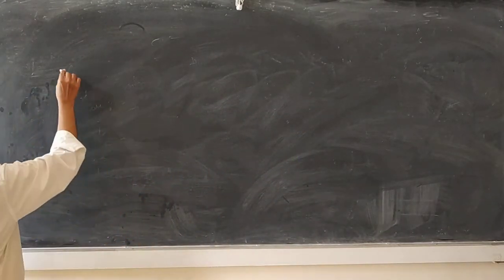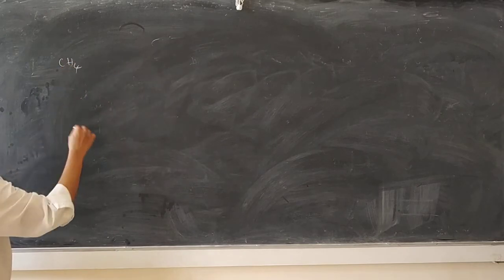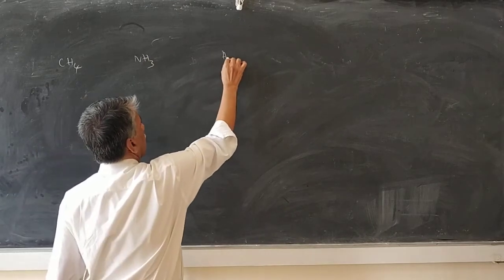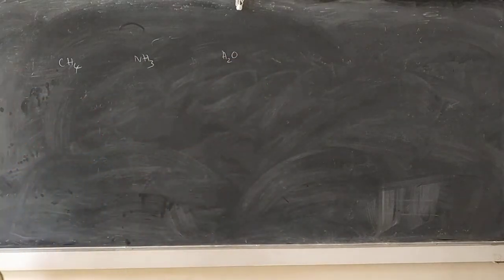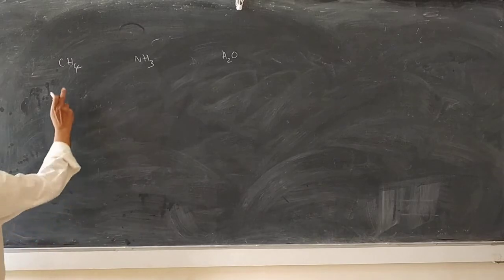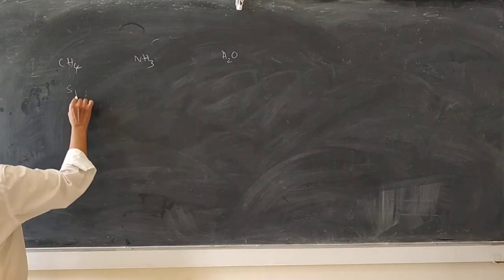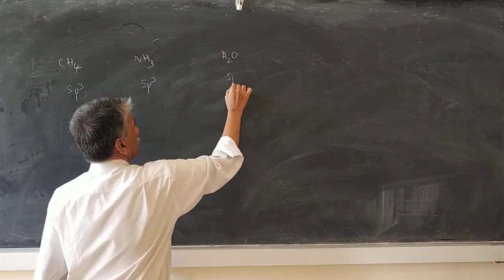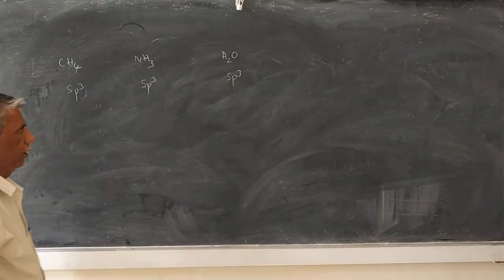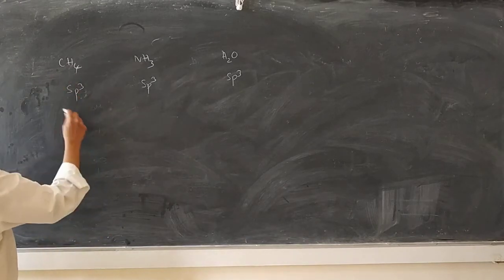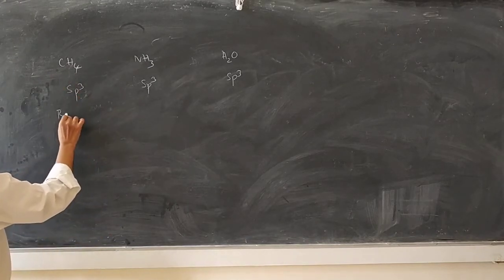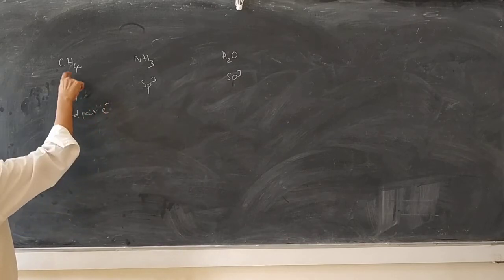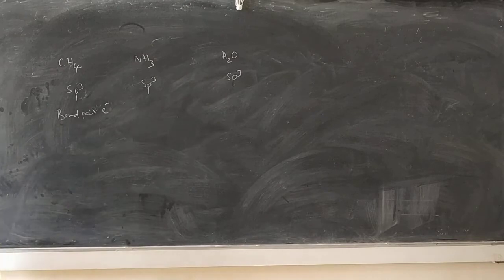Let us take three examples: CH4, ammonia, and water molecules. I have taken three molecules. In all these three molecules, we have sp3. Here, only bond pair electrons are there in the formation of this molecule.